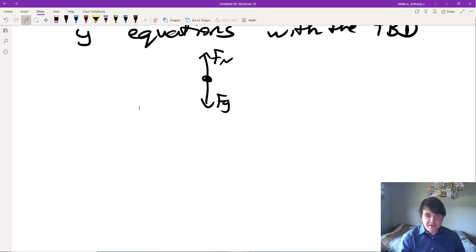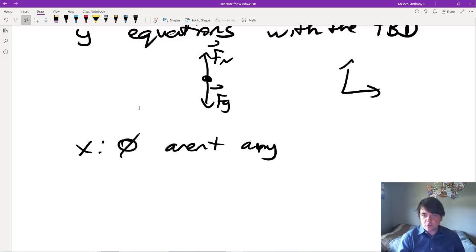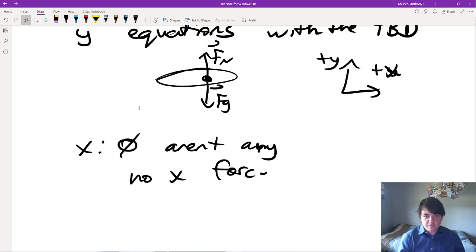So for example, what we've got so far: for the X equations, there aren't any. If we have a typical coordinate system, there aren't any forces in the X. No X forces, and there's only Y forces. Since we defined Y as up, we would say Fn minus Fg equals 0.